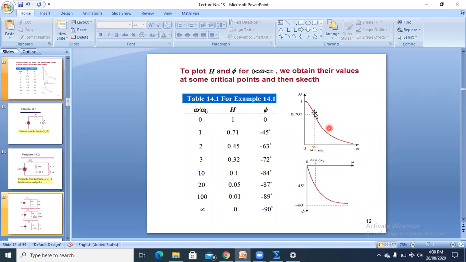So this is in fact used as a low pass filter. Later on, we also see that this RC circuit is also used as a high pass filter.